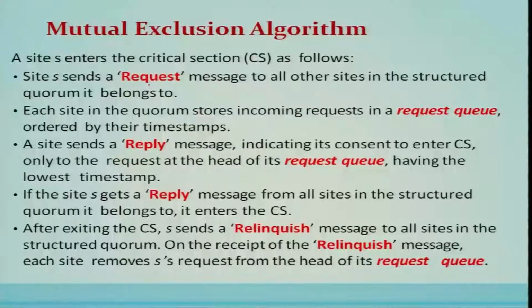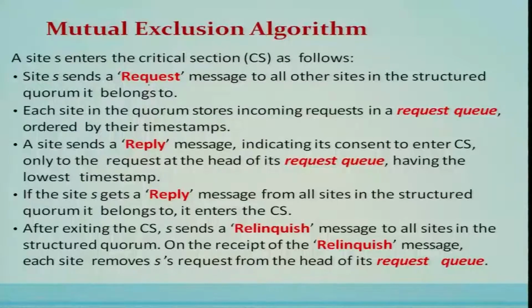Mutual exclusion algorithm, we are now going to explain the algorithm. Site S enters the critical section as follows. Site S sends a request message to all other sites in the structured quorum it belongs to. Each site in the quorum stores incoming requests in the request queue ordered by their timestamp.